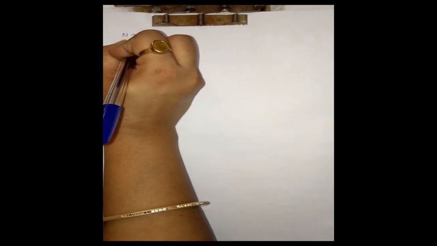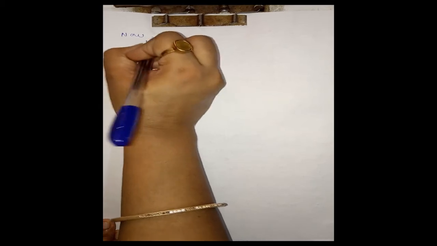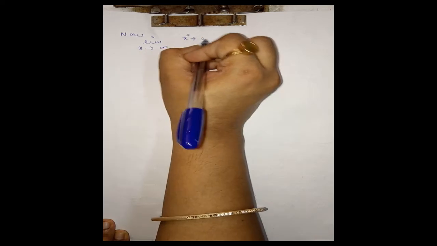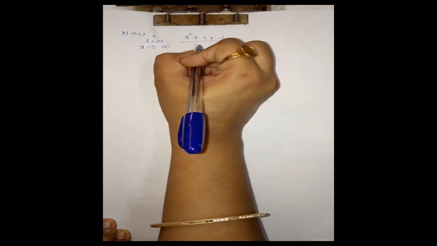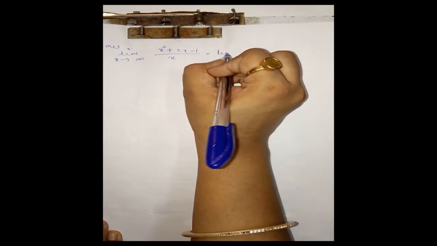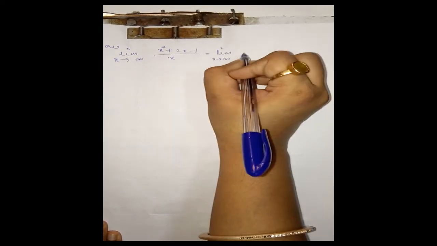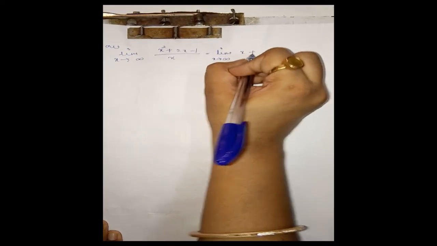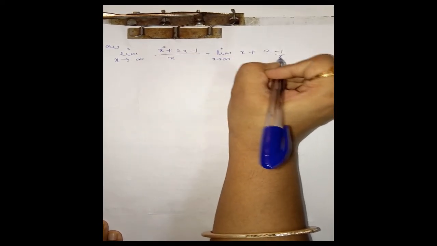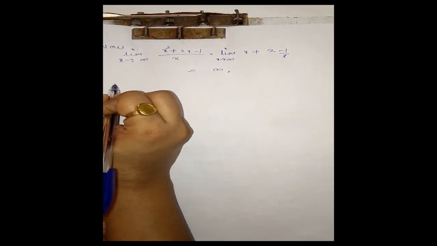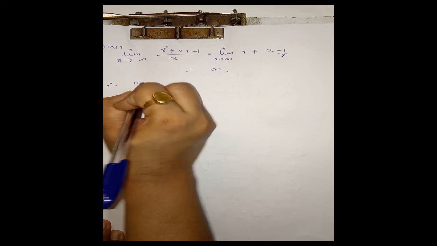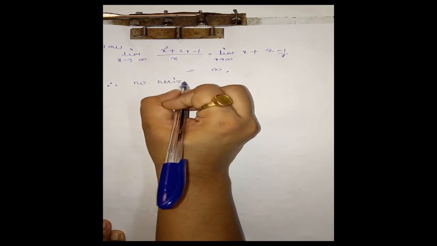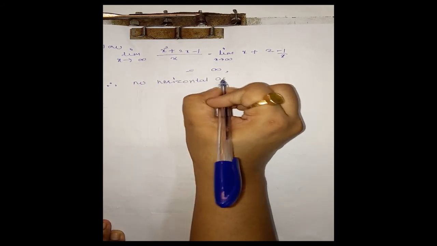Now limit x tending to infinity of (x² + 2x - 1)/x, on dividing by x, is x + 2 - 1/x, and this is equal to infinity. No finite limit, therefore no horizontal asymptote.